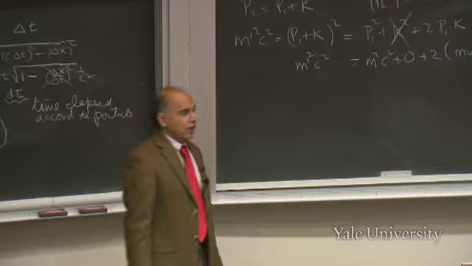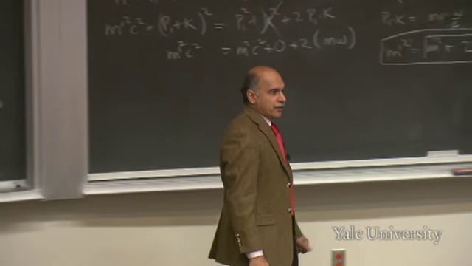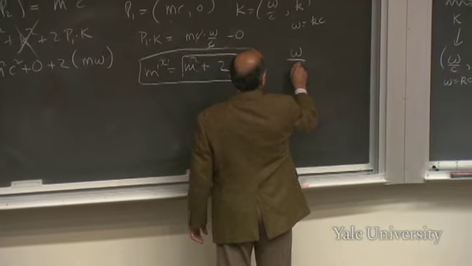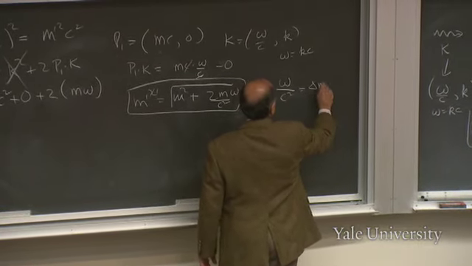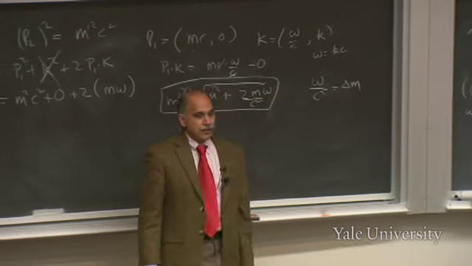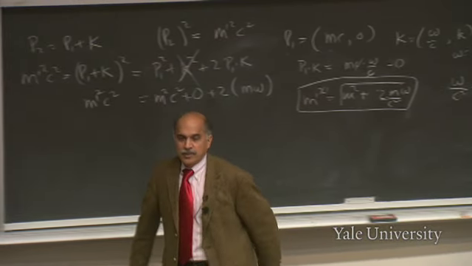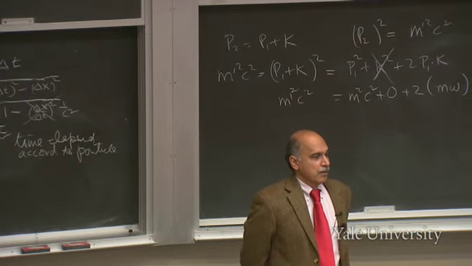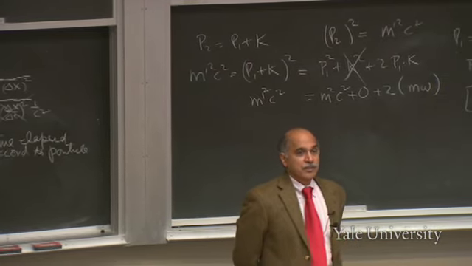How much would the mass have gone up? You might say, well, this guy swallowed a photon of energy omega, so maybe that energy over c squared will be the change in mass. That's not correct, and you've got to think about why. Why doesn't the photon energy turn into my extra mass?